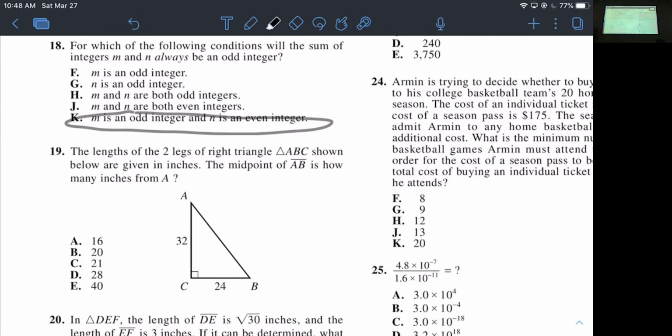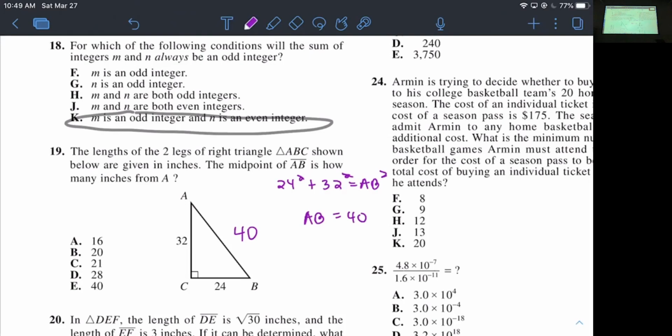The easiest way to do it is the Pythagorean theorem. So 24 squared plus 32 squared equals AB squared. And when you solve this, you get AB equals 40, correct? That was the length of the hypotenuse when you did the Pythagorean theorem.